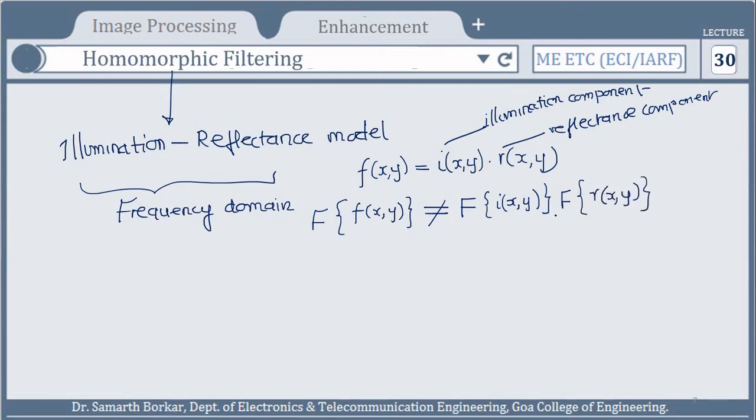So this does not hold true, and hence we cannot directly apply the Fourier transform to this particular equation. So the only choice that is left here is to separate the I and r component.